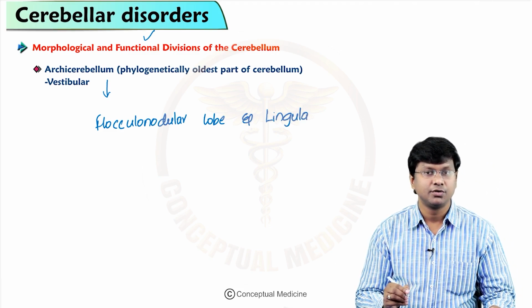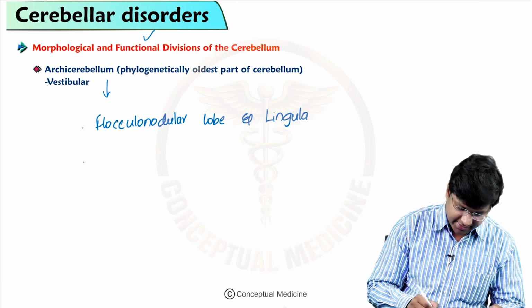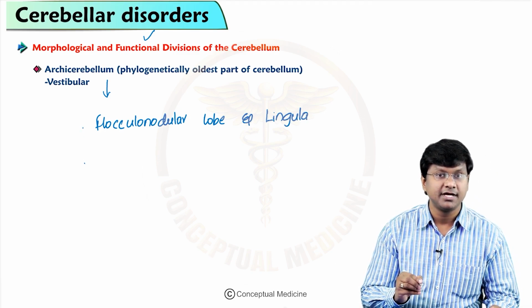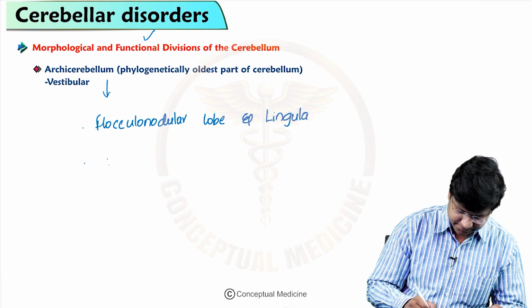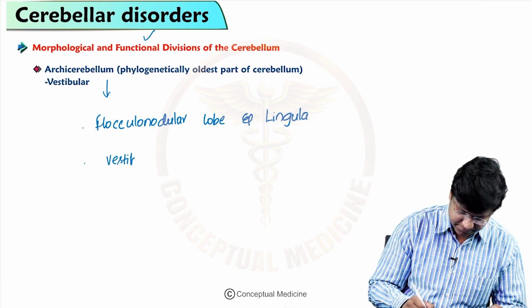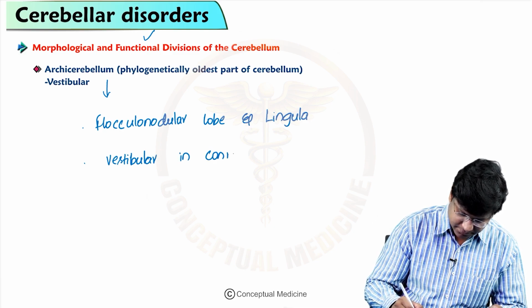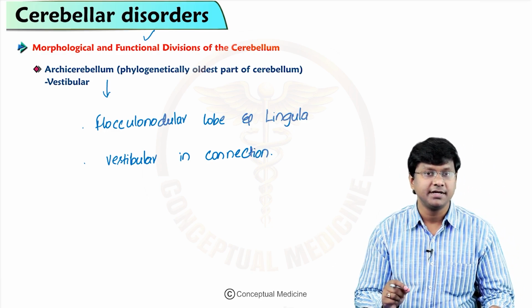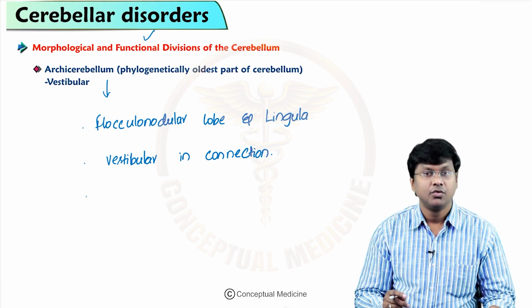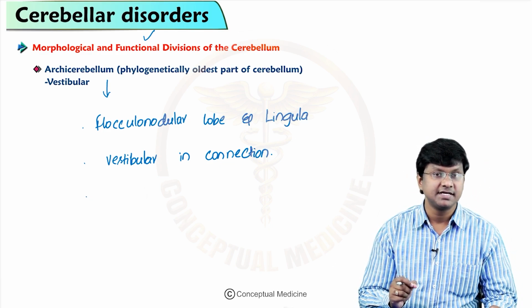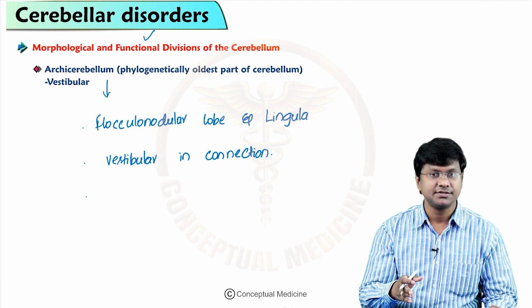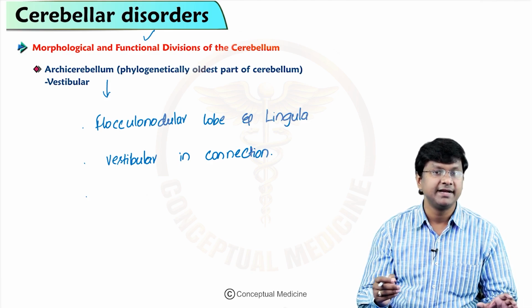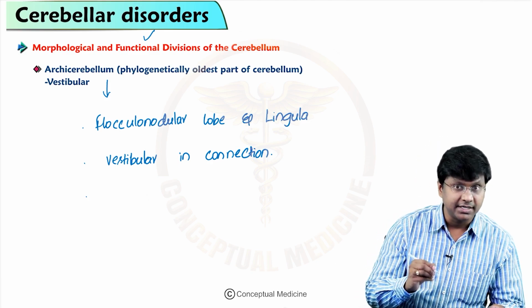So the flocculonodular lobe and the lingula, and it is chiefly vestibular in connection. What this archicerebellum does is control the axial musculature, and it also controls the bilateral movements.